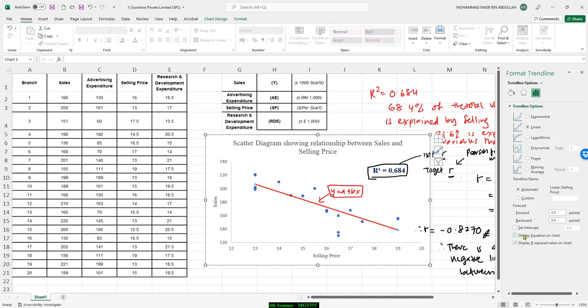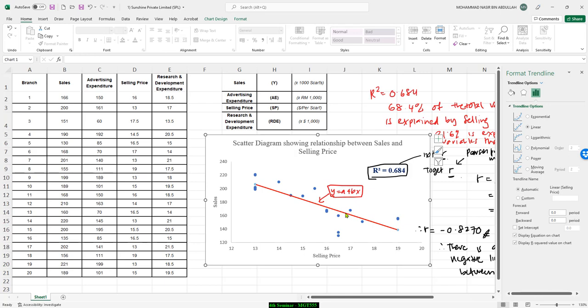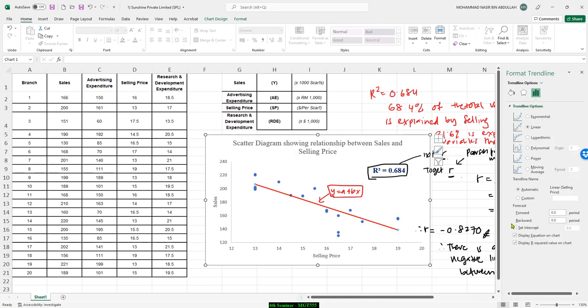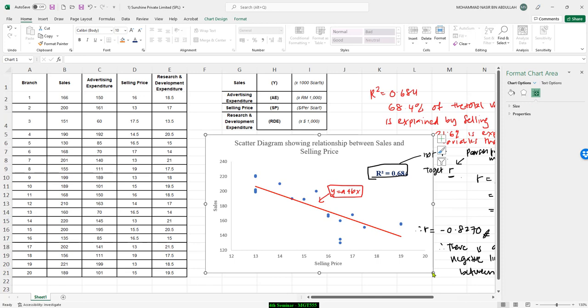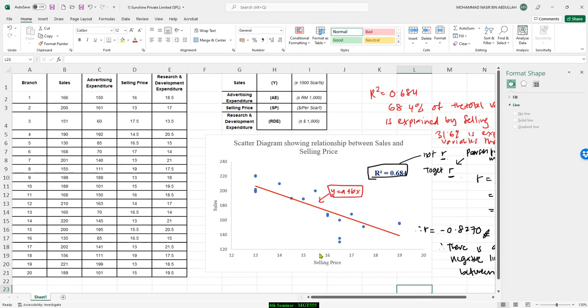Now, the second last check box is display equation on chart. So we check this one, and it will display the equation. Where is the equation? It did not show the equation. It should show the equation. Oh, maybe I need to redo it. Let me show you in a moment.